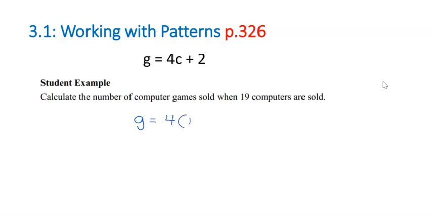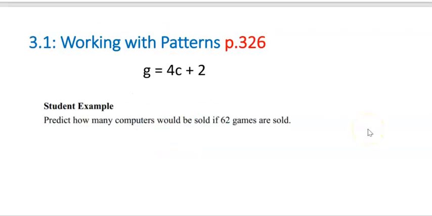We know we have 19 computers, and so we substitute that into our equation, and we go ahead and solve. Remember BEDMAS, we have to multiply first. 4 times 19, 76, plus 2 is 78. If we sell 19 computers, we are going to sell 78 games.